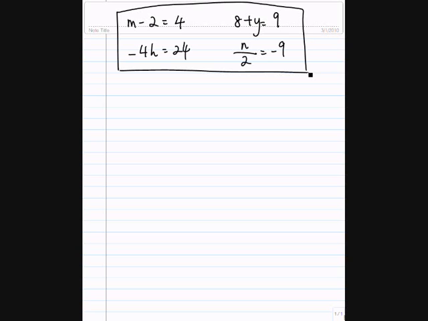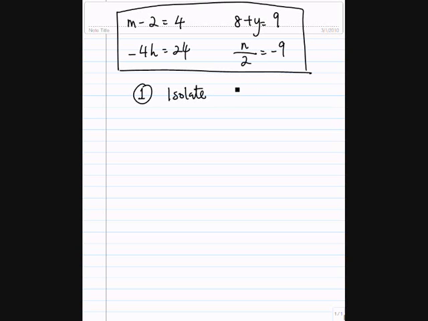So to recap, the first thing in solving these equations is you have to check if all the variables are on one side and all the numbers on the other side. So in this case you have to isolate.